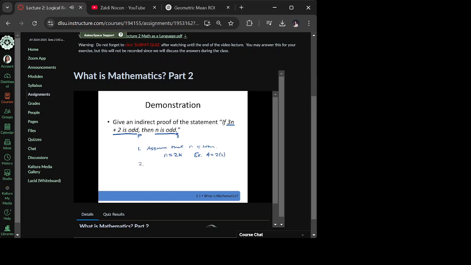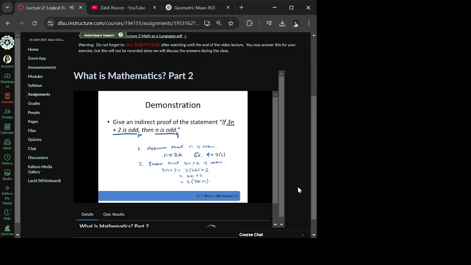Step 2. We show that 3n plus 2 is even. This is the negation of P. 3n plus 2 is 3 times 2k plus 2, which is 6k plus 2, or 2 times quantity 3k plus 1.